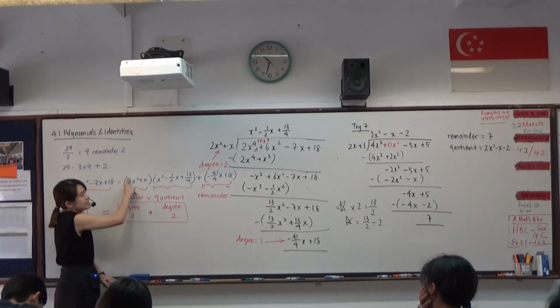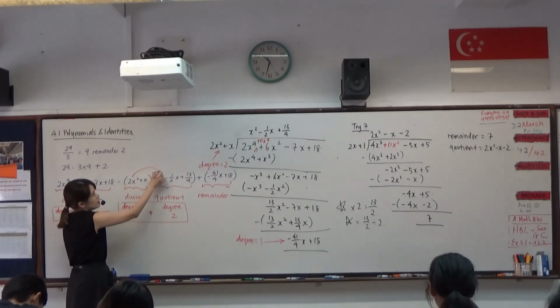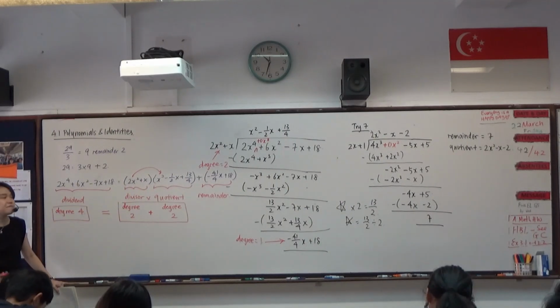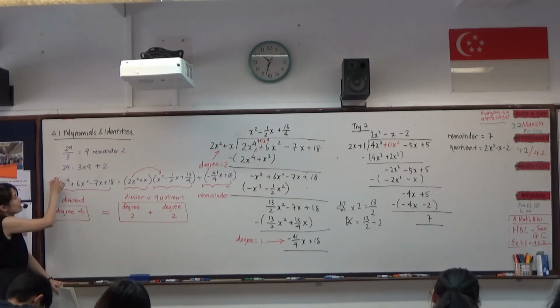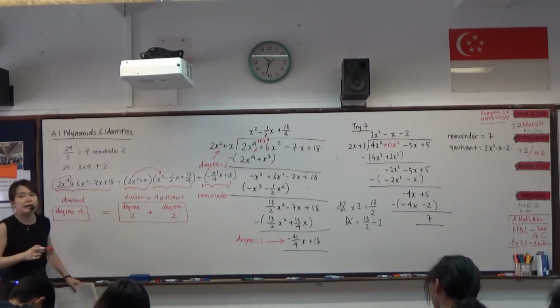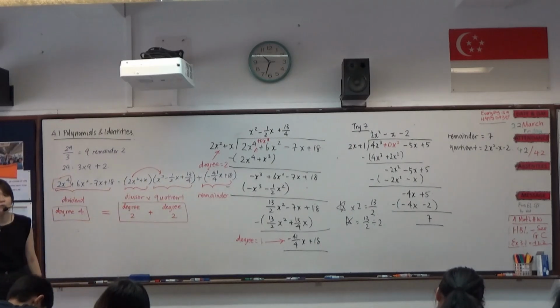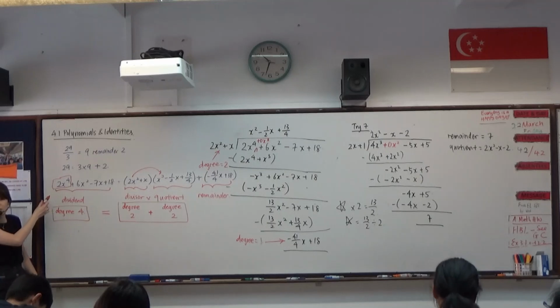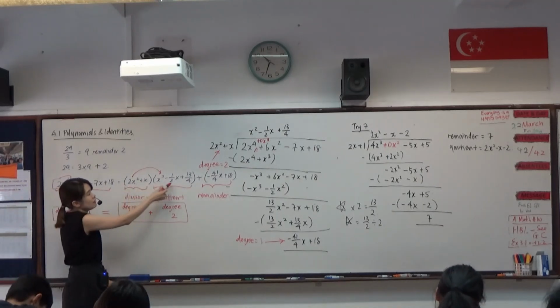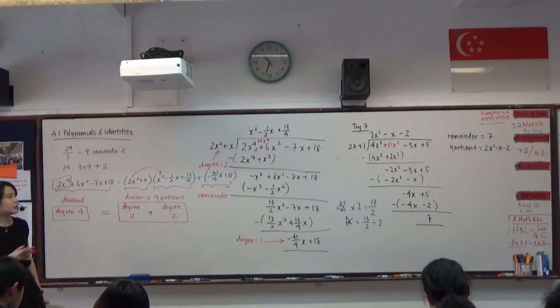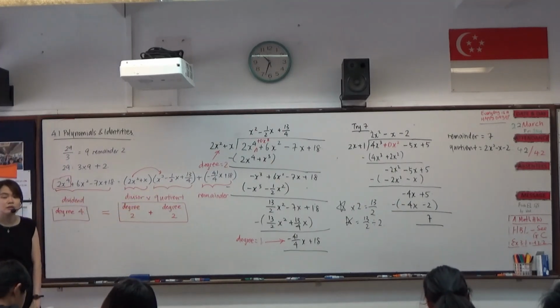So if I expand the right hand side, it must get me back to my left hand side. When I expand this using my rainbow method, it is my 2x squared and my x squared that multiply with each other to give me the x to the power of 4 term. There is no other way of rainbowing that will allow me to get 2x to the power of 4. 2x squared multiplied by half x at most gets you x cube only, because x squared times x gives x cube.